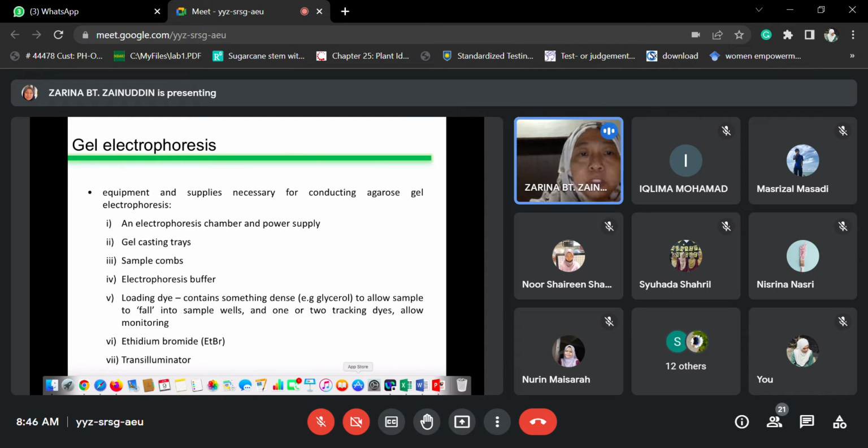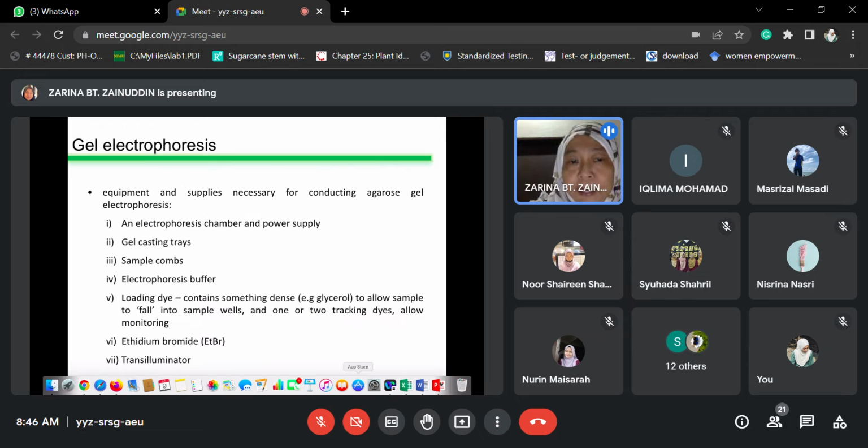To make the wells, we need sample combs. We need the required buffer, and then we need loading dye. The loading dye, normally we use the blue one, normally contains glycerol.